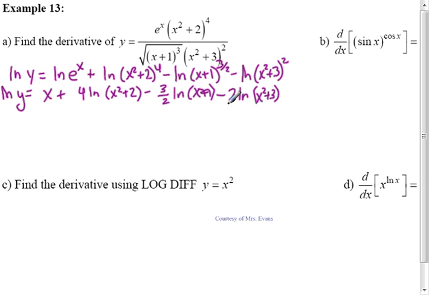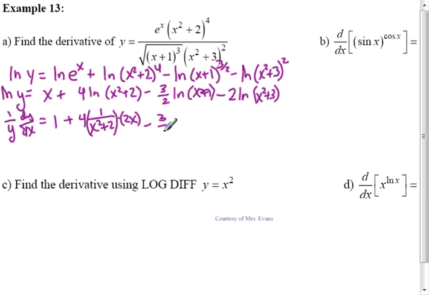So now we can take the derivative. The derivative of ln of y is 1 over y dy dx. Derivative of x is just 1, plus 4 times, and the derivative of this would be 1 over this times the derivative of the inside, which will be 2x here.